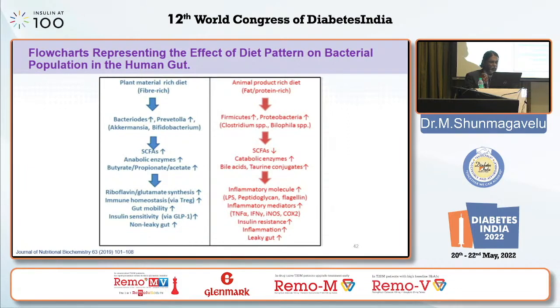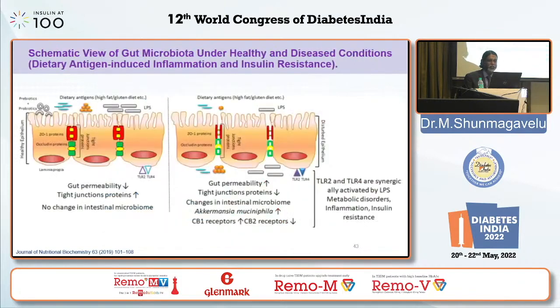Next is animal product, on the other hand. It induces changes with reference to microbial flora, and there is reduced generation of short chain fatty acids, and it is catabolic and associated with increased circulating levels of inflammatory molecules that alter the intestinal permeability as well as the integrity, leading to metabolic endotoxemia and inflammation.